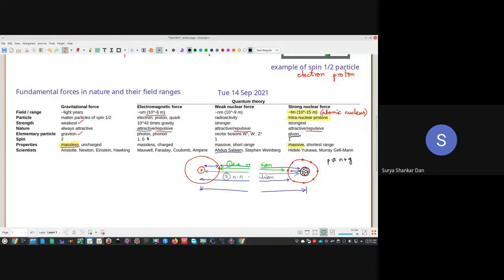So the whole point of this discussion for the last half an hour is that every force has its own field or range defined by its own property. It turns out that we are somewhere between micrometer and light years. So for us, the reality is that we are all governed by gravitational force.